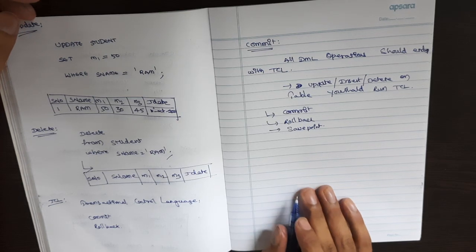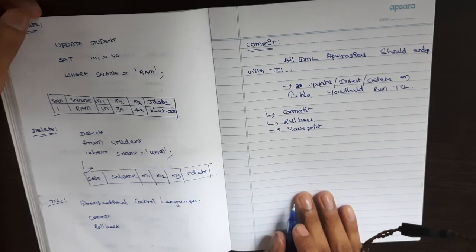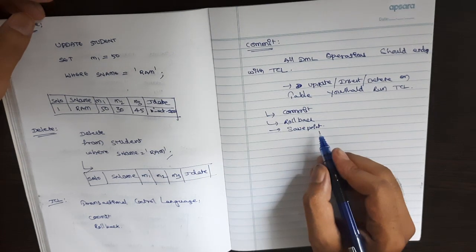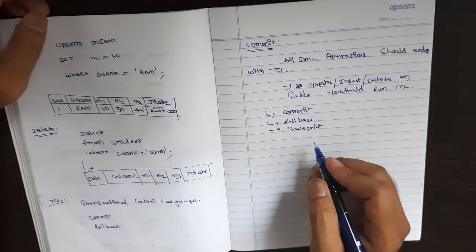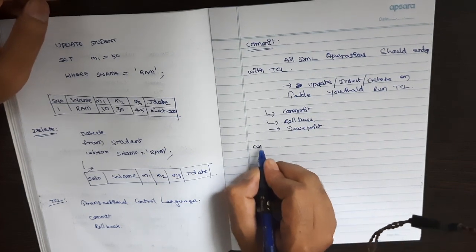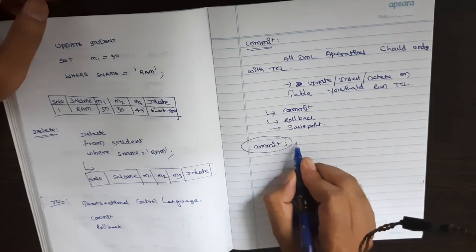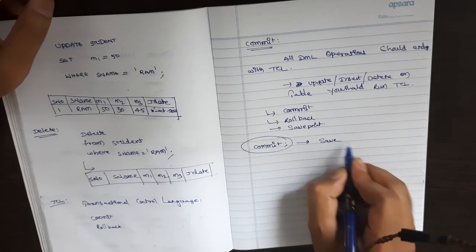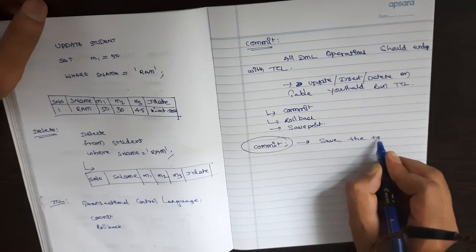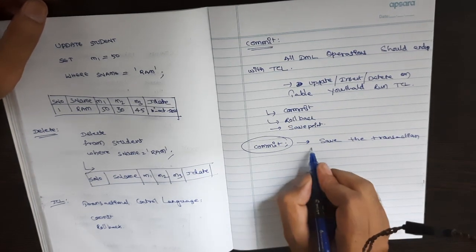First of all we'll learn about commit and rollback, and in the next class we'll see about savepoint. Commit, just write like this: commit semicolon, then it will save the transaction permanently.